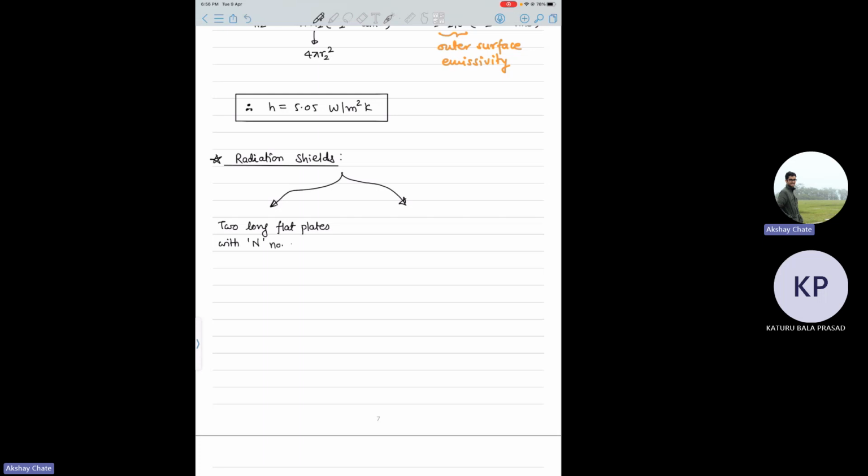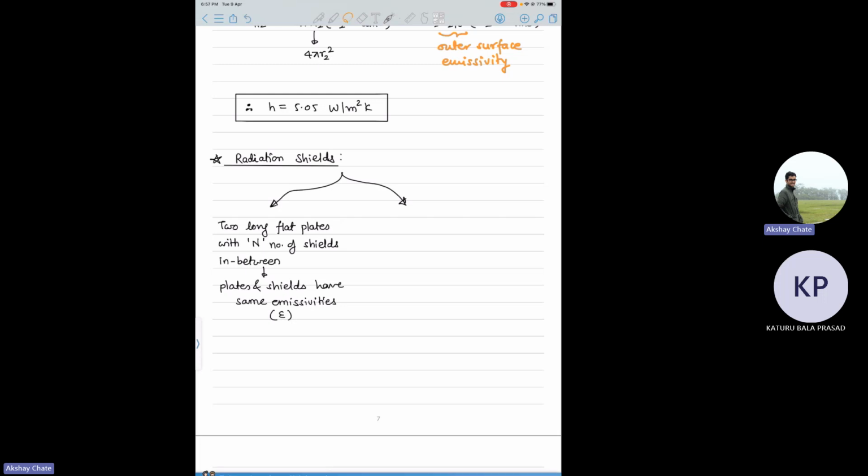n number of shields in between, and the plates and shields have the same emissivities, let's say epsilon. So this is one case.